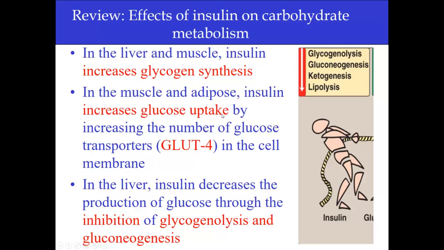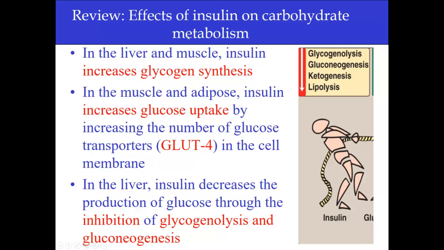It's going to do anything it can to stop the body from making new sugar, gluconeogenesis, or breaking down glycogen, glycogenolysis. On the opposite, it is going to increase glycogen storage in order to remove that sugar from the blood. And another way to remove the sugar from the blood is to send it to the muscle and the adipose tissue by making more GLUT4 available.